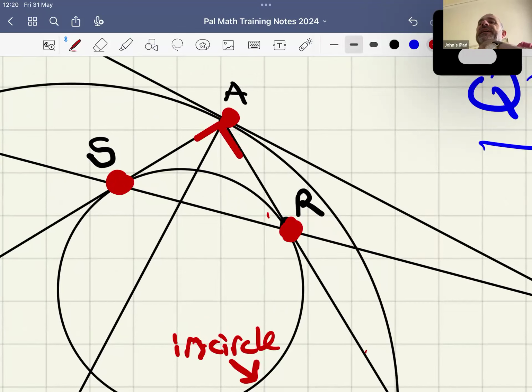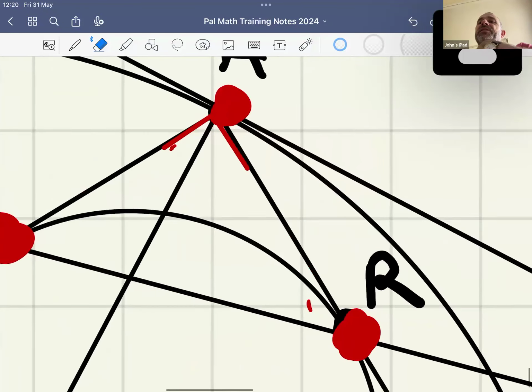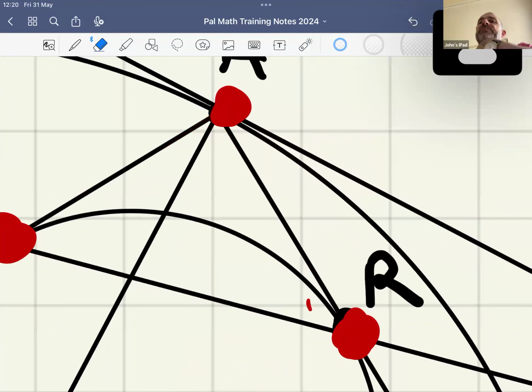So that's the angle at A. And then we have another 90 degrees, which is this angle. Maybe I'll use this convention that you sometimes see, which is you mark a 90 degrees by putting this kind of box. So that's 90 degrees, but also that is 90 degrees. So we've got two 90 degrees there.